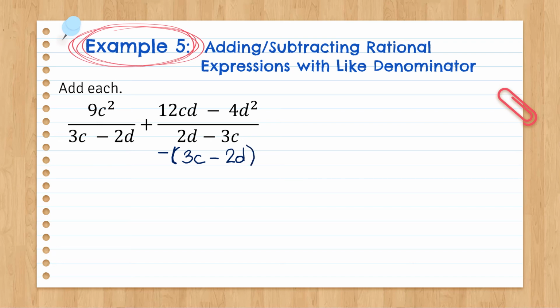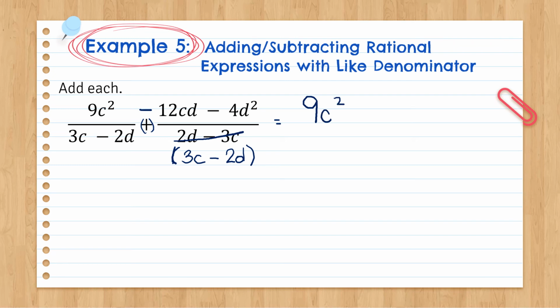Possible yon. Pero since may negative dito, para hindi tayo malito, remove muna natin to. Tanggalin natin yung negative. Saan natin ilalagay yung negative? Ito ngayon ang papalitan natin ng sign. Dapat ito ay negative. Saan galing yung negative? Dito sa denominator, kasi finactor natin. So, ngayon, pwede na nating pagsamahin ang ating mga numerator. So, we have 9c squared.